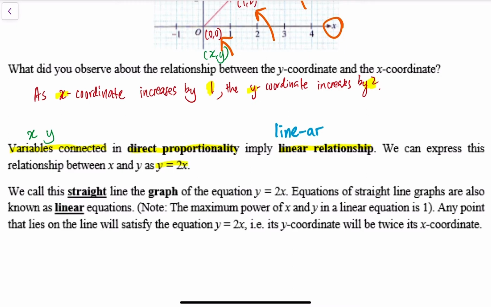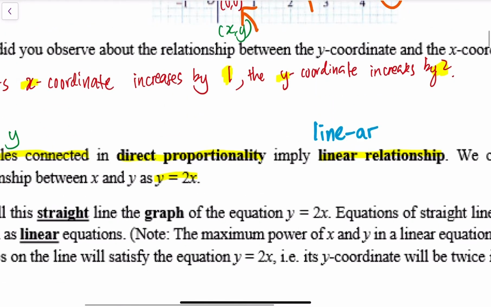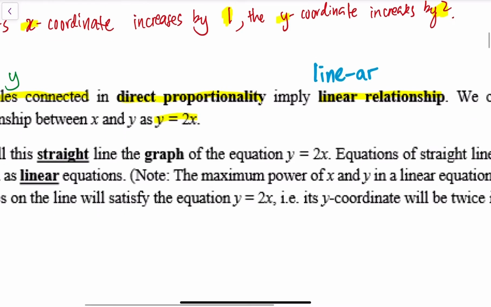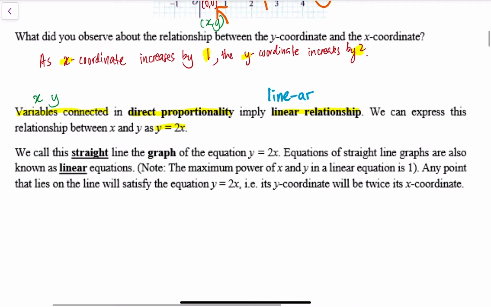This is what it means. The equation that we see here is y equals 2x. This is for the graph that you see on the board. y equals 2x because as x increases by 1, I take it times 2. This is one of the ways that we can describe this.